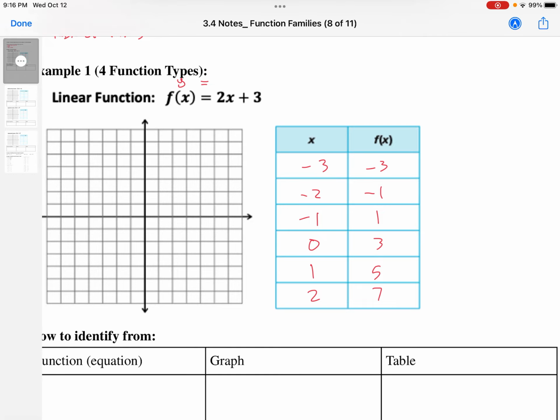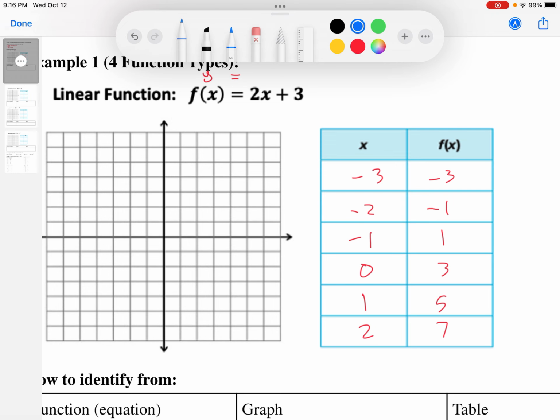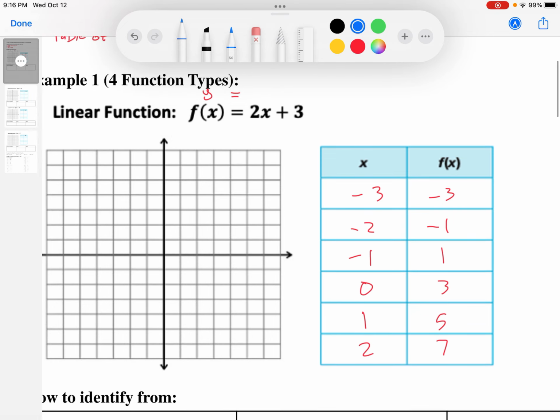Okay, before I proceed any further, I do want to point out what I'm getting ready to say. We're not going to do a lot today, but I just want to point this out so that you have an understanding that this is what's going on. So if we didn't have a graphing calculator, we could take any input value in the whole wide world and we could plug it into the function, and we could say, for example, f of -3 equals 2 times -3 plus 3, just like we've been doing in class the last couple days.